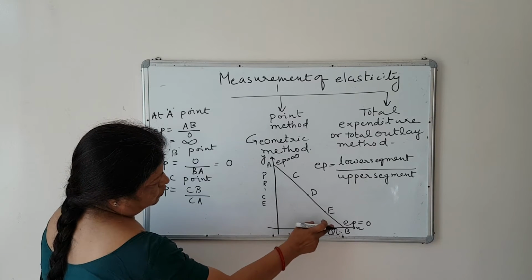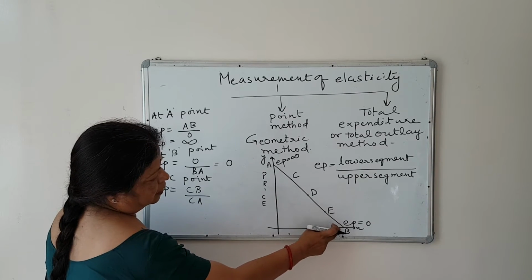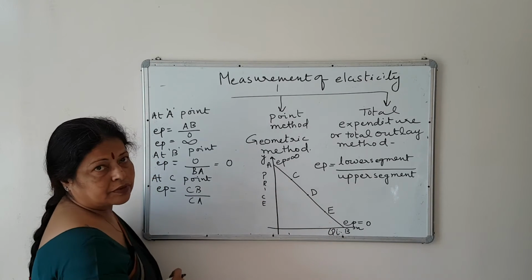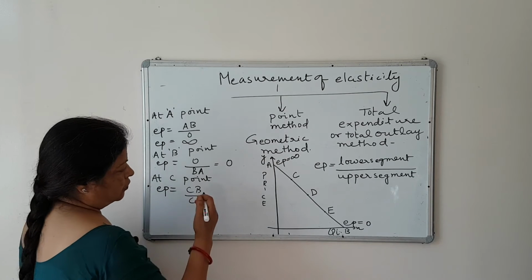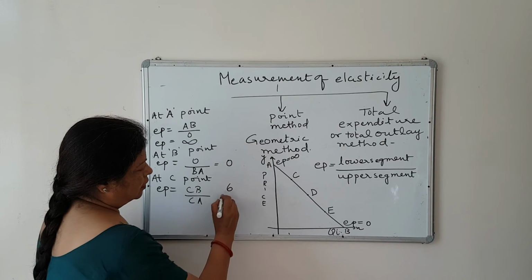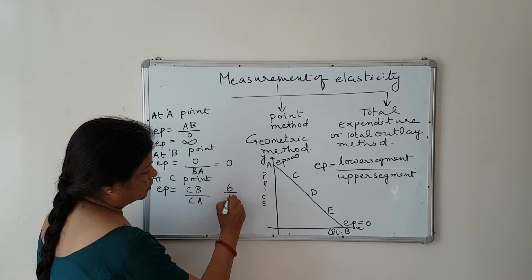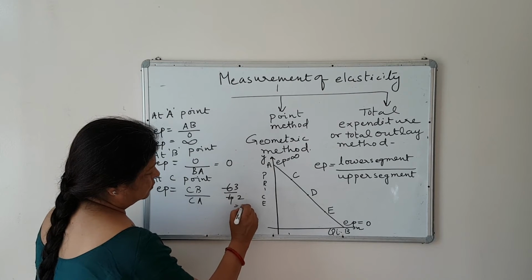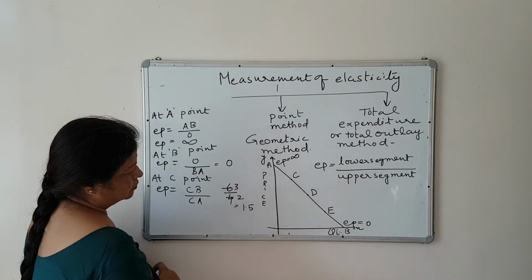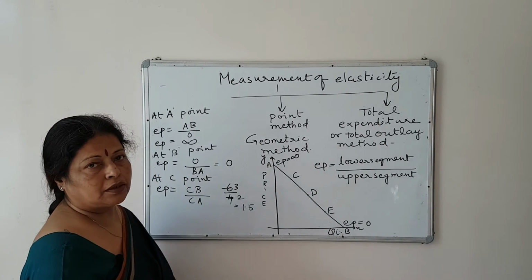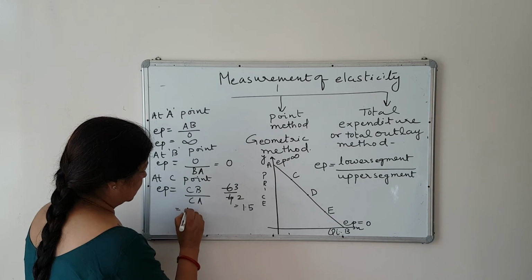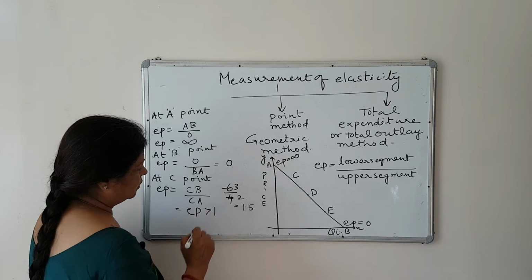You can see visually that the CB part is much larger compared with CA. If you divide a bigger number by a smaller number, your answer will always come more than 1. So EP here will be greater than 1.